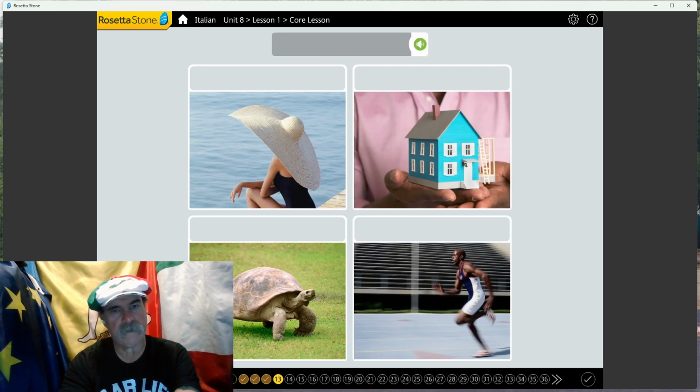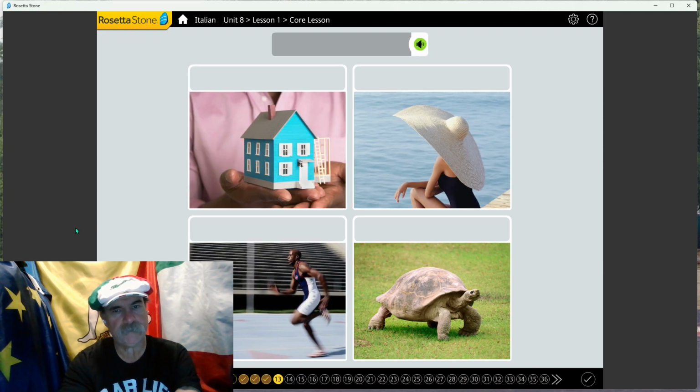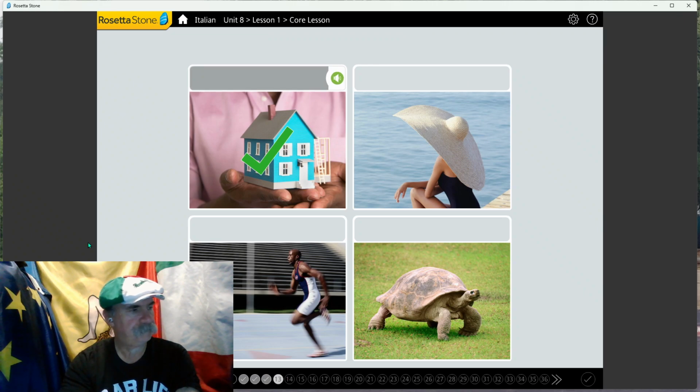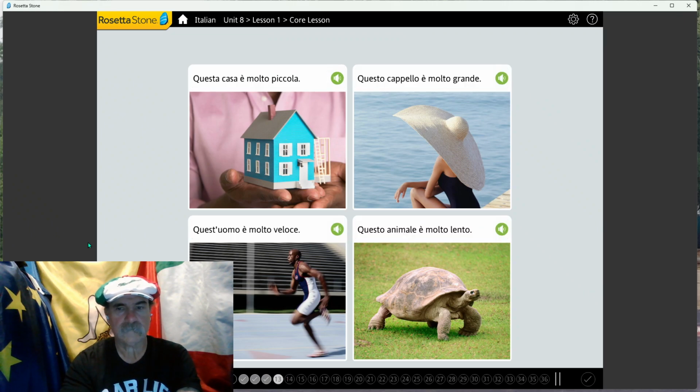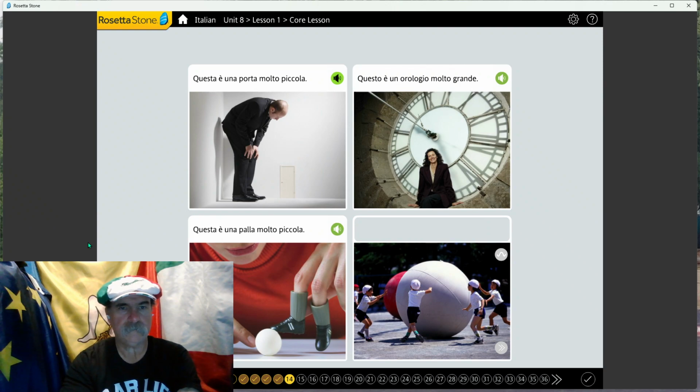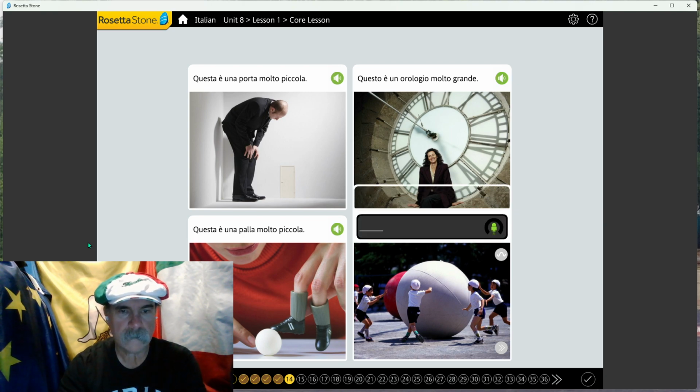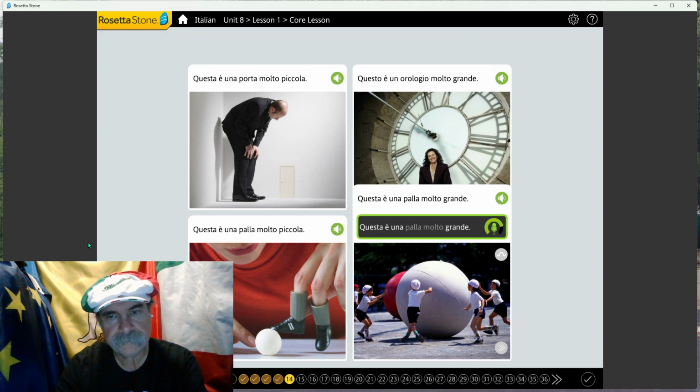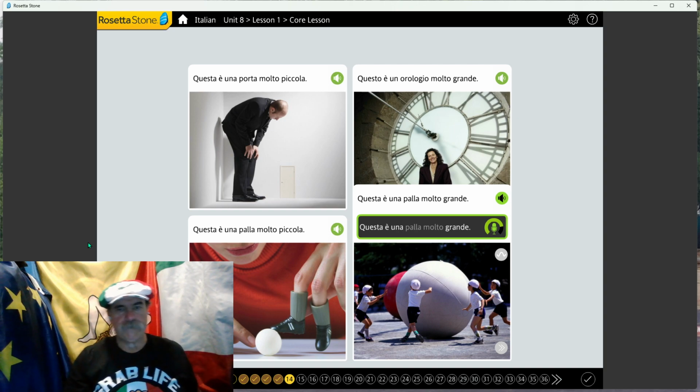Questo cappello è molto grande. Questa casa è molto piccola. Questa è una porta molto piccola. Questo è un orologio molto grande. Questa è una palla molto piccola. Questa è una palla molto grande.